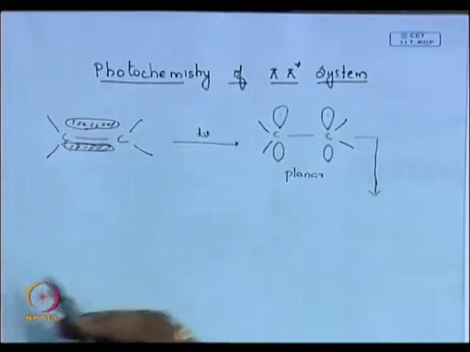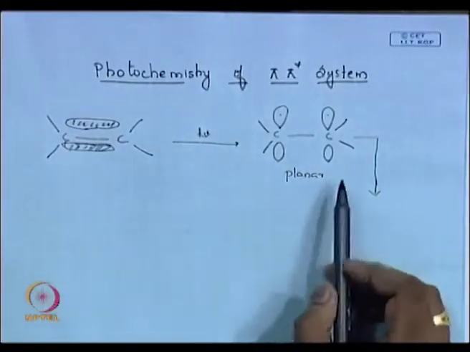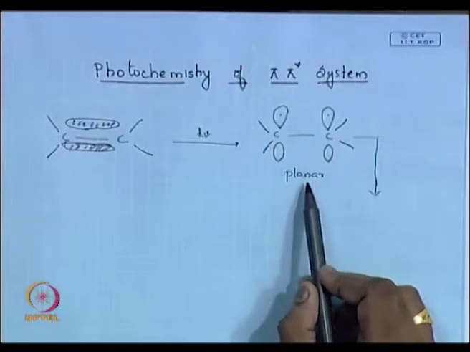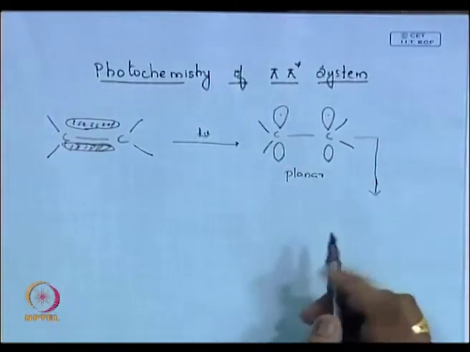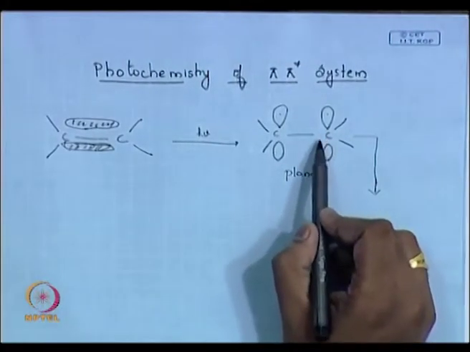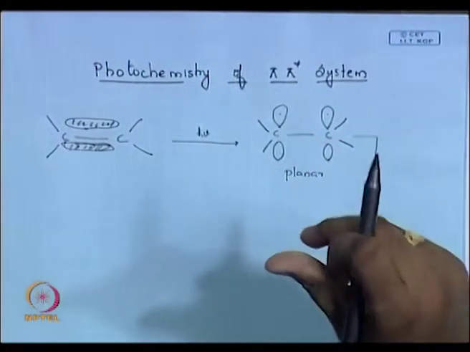Now, this is the interesting part of your pi star system. Once the excited state is there in the planar form, it undergoes a little bit of twist on the carbon, 90 degrees. It undergoes a 90 degree twist.